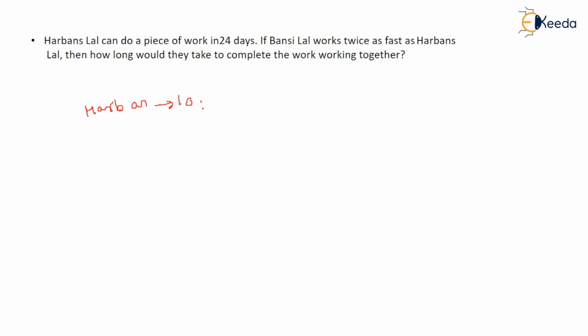He can write 10 pages in a day, right? And he worked for how many days? 24 days. So if he is writing 10 pages in a day and working for 24 days, how many pages did he write in those 24 days? He wrote 240 pages.